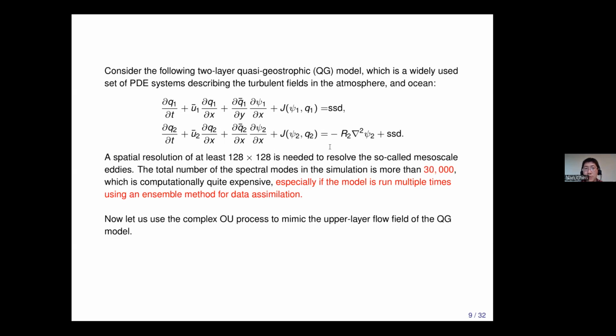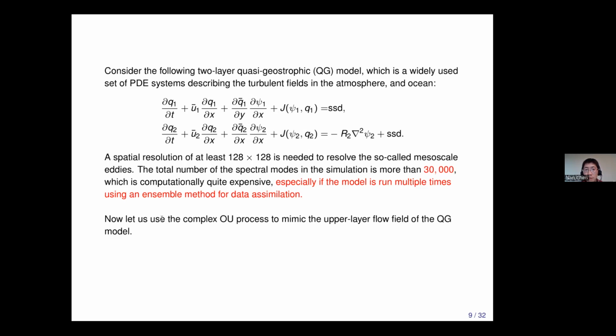If you want to run this model, it is pretty expensive for mathematicians, although it's a very simple model for climate scientists. It will take about 20 minutes for a single run. But usually when we use these models, we try to use them for data assimilation and other purposes, so we have to run this model many, many times. Then it takes a lot of time to finish these ensembles.